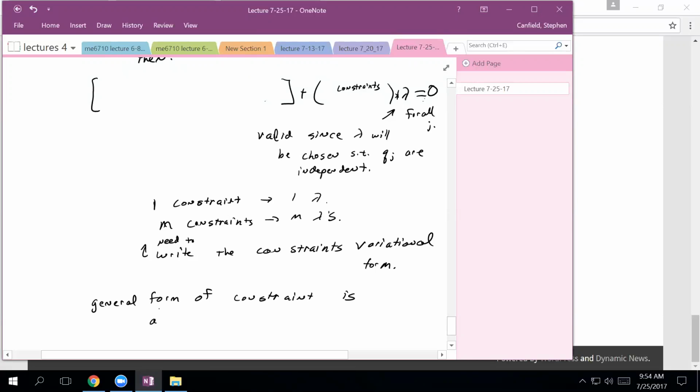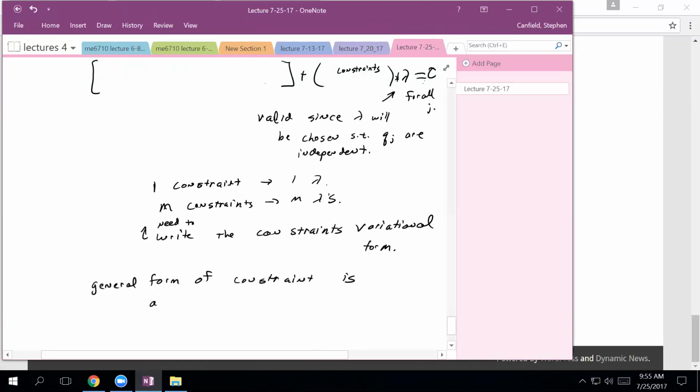Well, actually, let me back up with that. I'm going to delete that. Sorry. Wait. No, I'm okay with that. The general form of this constraint is something like, we said this before, f of q, could be a function of q dot, could be a function of time, equals 0. Okay, that's the form of the constraint.